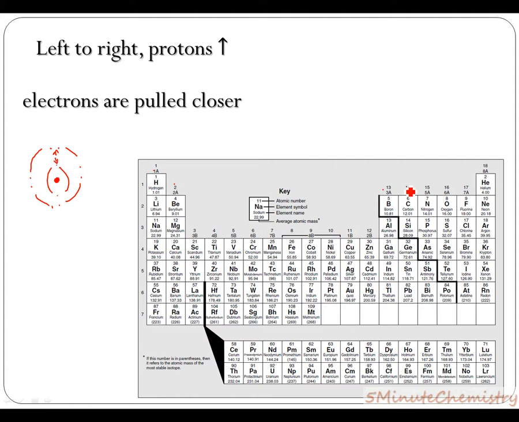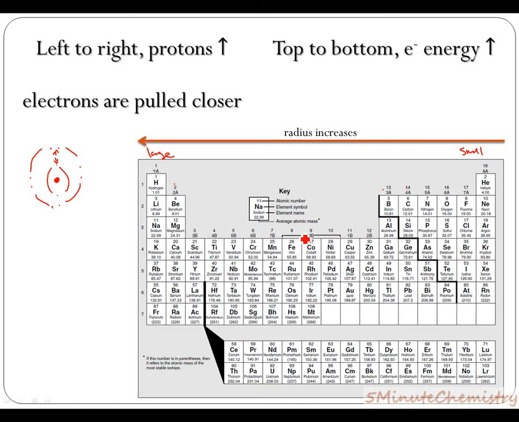Because I have these massive protons, they're going to be pulling in, and the electrons are pulled closer. So the trend that I observe is atomic size increases from right to left. The radius or the atomic size increases from right to left. So that means that these are very, very small, and these are very, very large compared to each other.